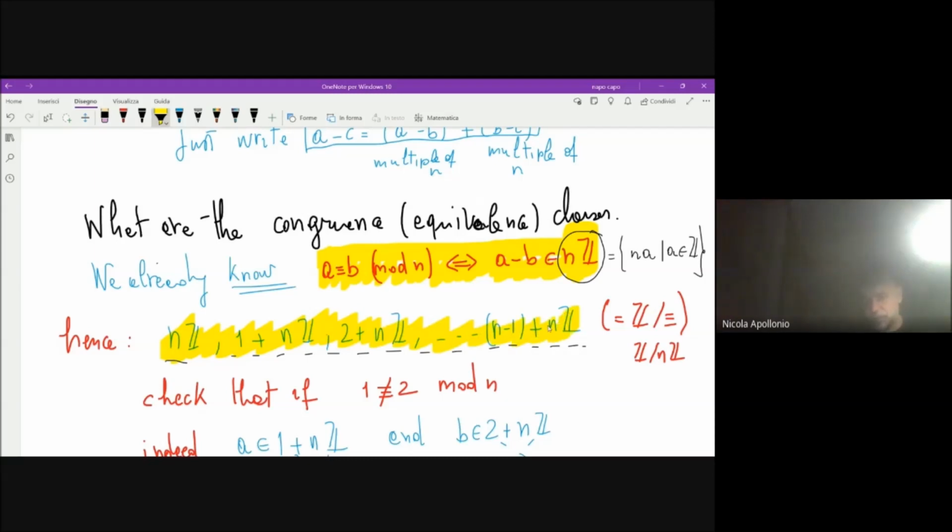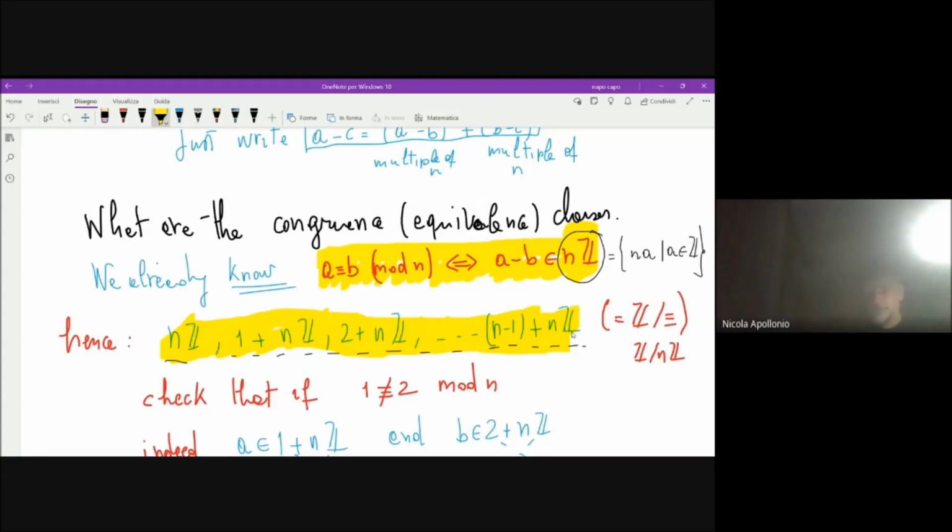And we will prove this. However, we already did some experiment with these sets. We called them lateral classes, and now these are indeed lateral classes modulo n, but this doesn't matter.